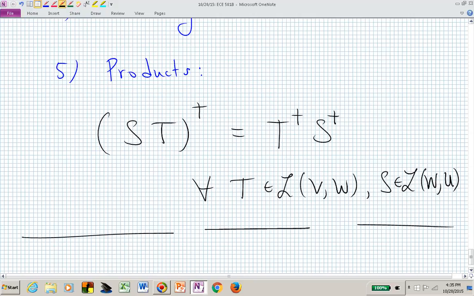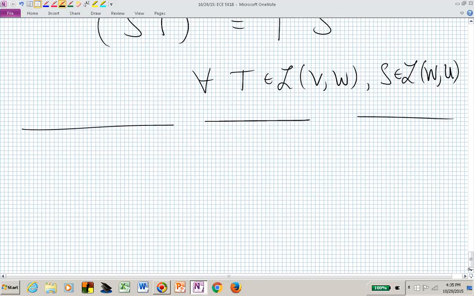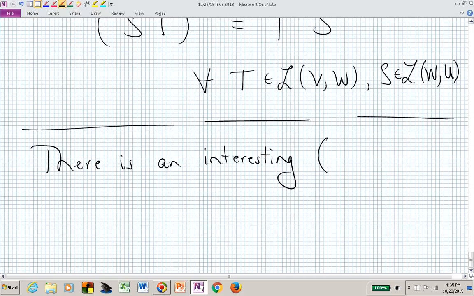Let's now look at this relationship between null space and range space of the different maps and their adjoints. Maybe that word interesting is subjective, but let's say useful.